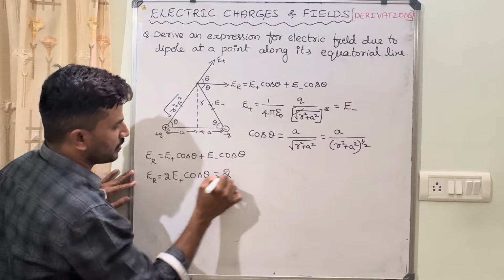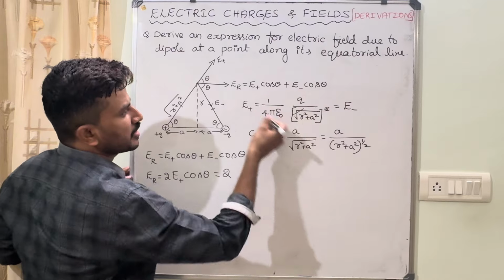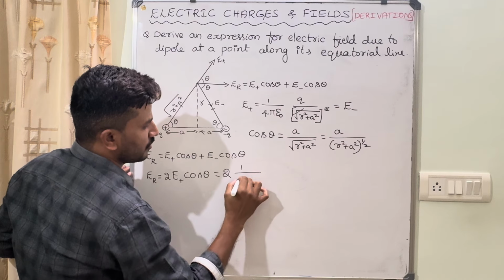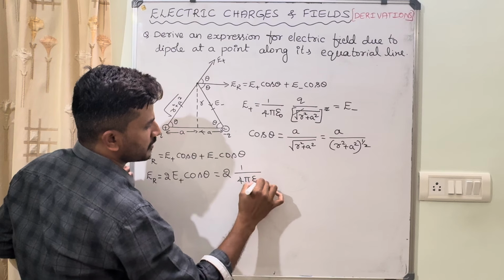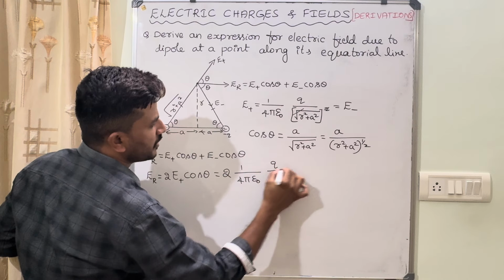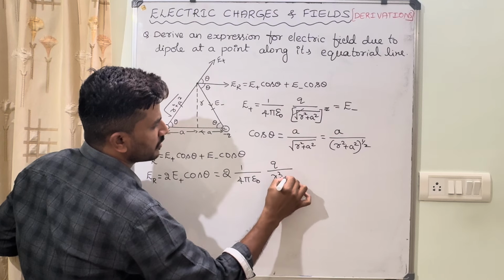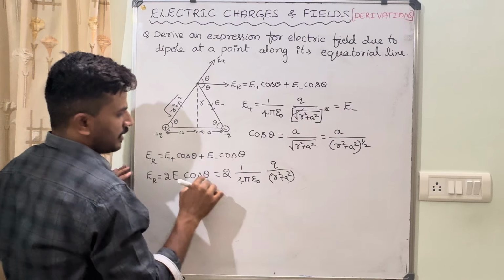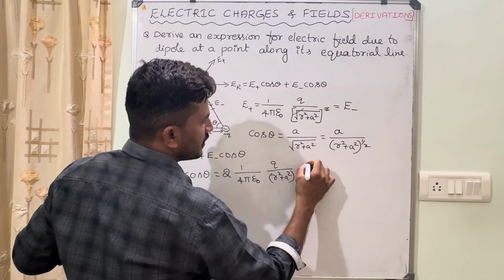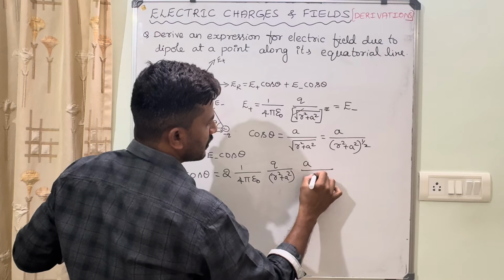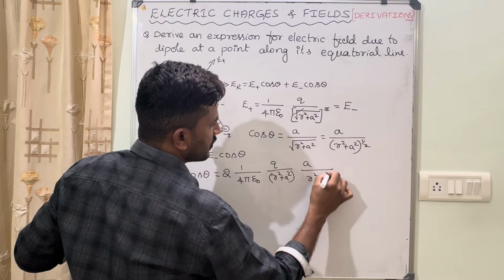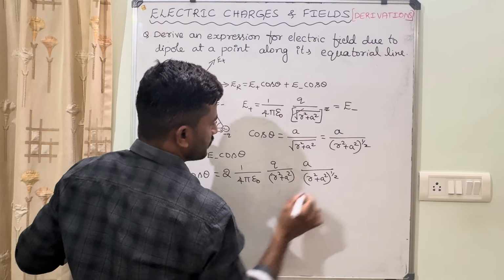That is equal to 2 times, what is E plus or E minus? Same formula, 1 over 4 pi epsilon naught q divided by r square plus a square into cos theta. Cos theta is a divided by r square plus a square power 1 by 2.